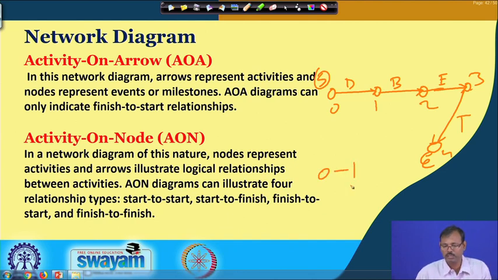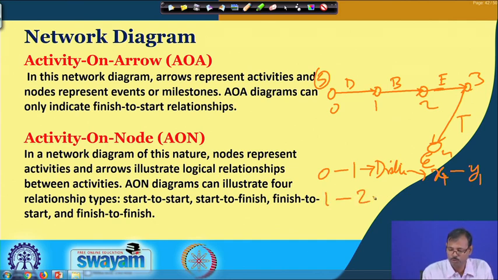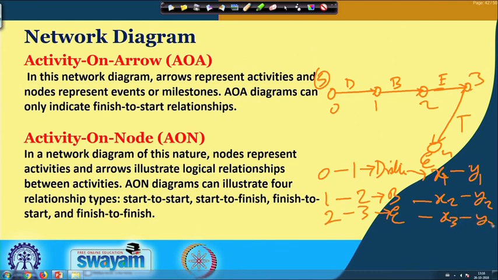0 to 1 describes the drilling activity, and this drilling activity may have characteristics: it takes x1 hours and y1 cost. 1 to 2 is the blasting activity that takes x2 time and y2 cost. 2 to 3 represents the excavation activity, x3, y3, and 3 to 4 is the end point, which gives us transportation, that takes x4 time, y4 cost.